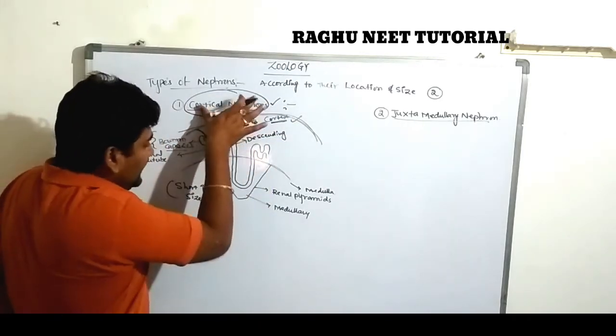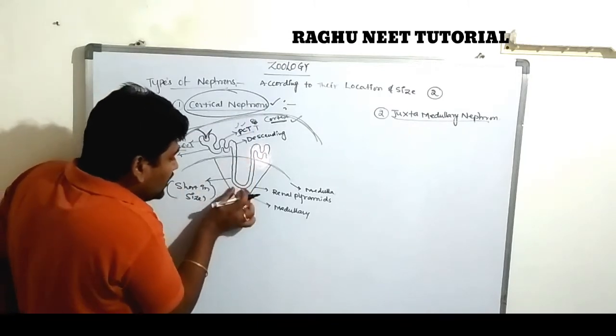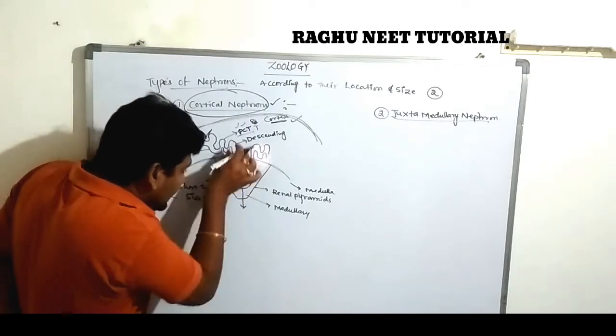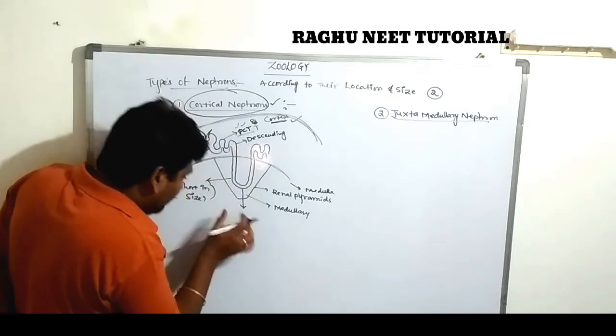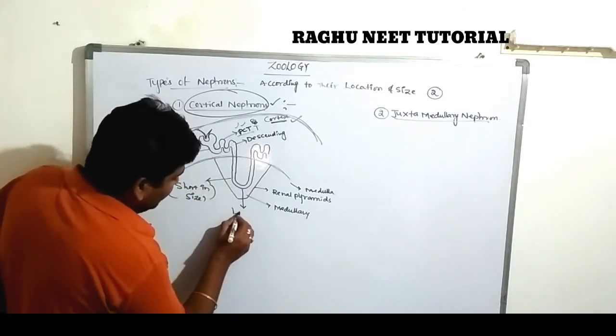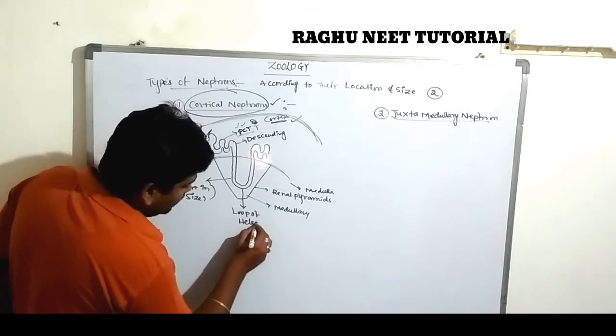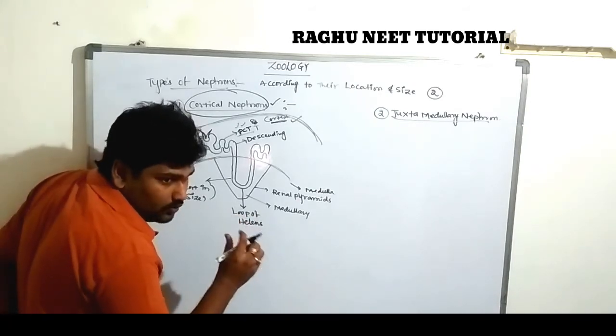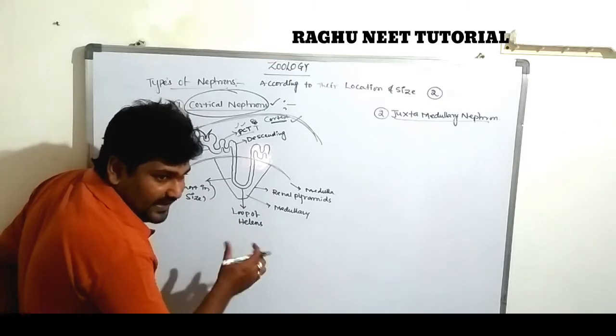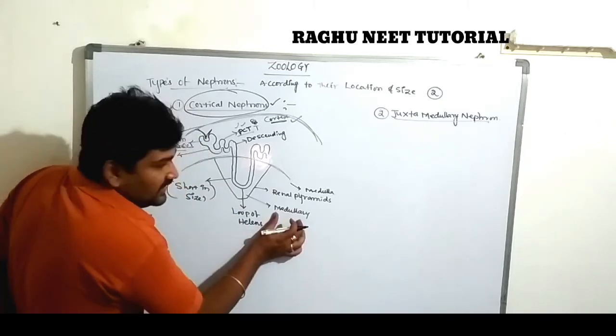In the cortical nephridia, the descending arm, nothing but the loop of Henle, is very short in the medullary region.